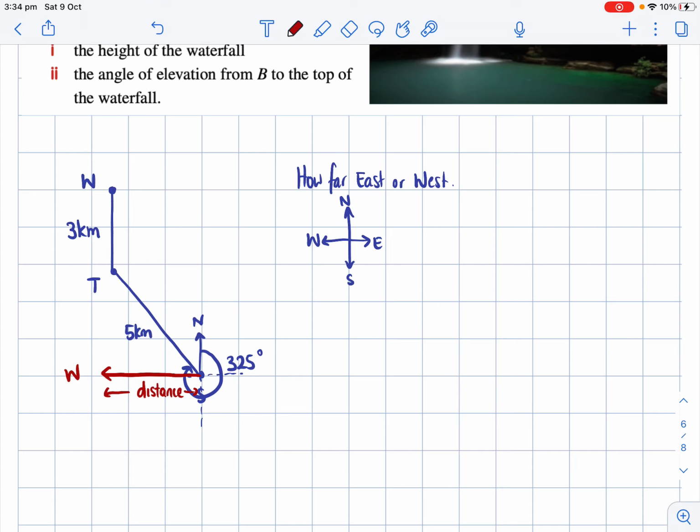Okay, so now that we've got our picture, we've got our bearings, we want to find out that west part. Let's actually analyse our diagram. What can we use? Now I could start to look at this big non-right angle triangle here. But how far west it goes has absolutely nothing to do with this 3 kilometre part.